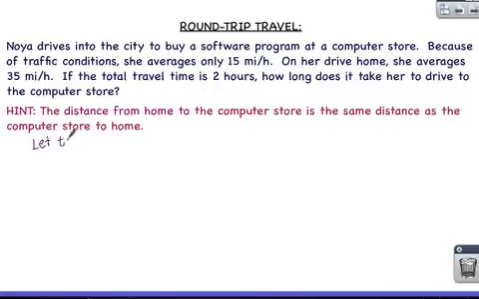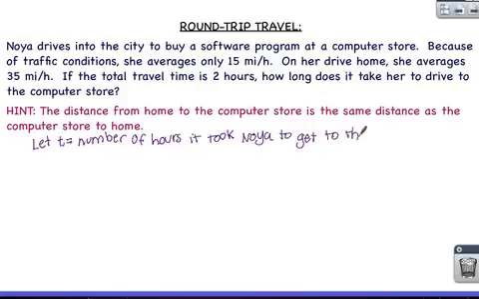So we're going to let T equal the number of hours it took Noya to get to the store. Since it took a total travel time of 2 hours, and it took her T hours to get there, that means it took her 2 minus T hours to get home.